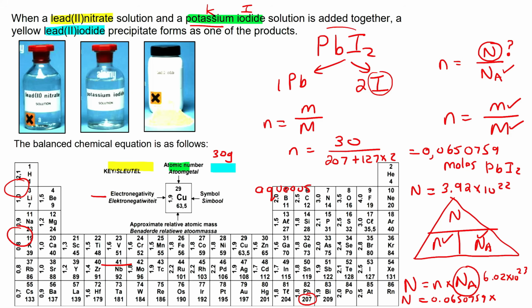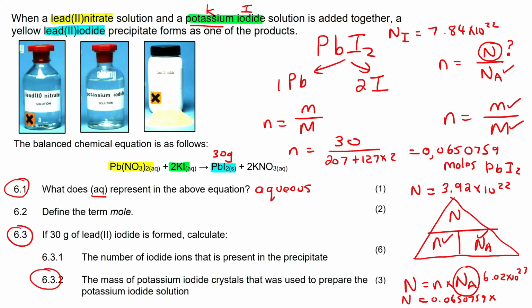That is the number of these ones. But we said for every one of those, there's 2 of those. So we're just going to multiply this answer now by 2. So the number of iodides is going to be equal to that number multiplied by 2, which would then end up giving us 7.84 times 10 to the 22.